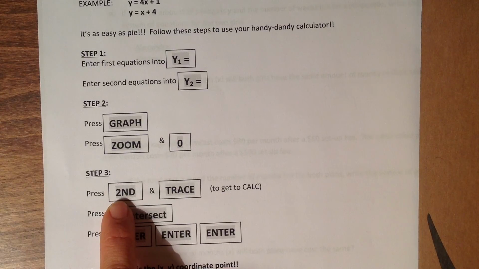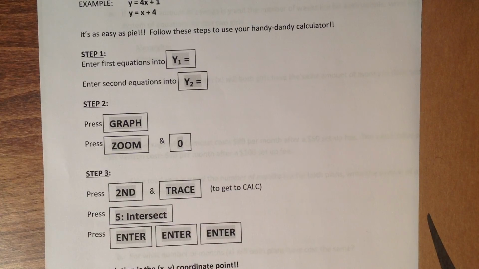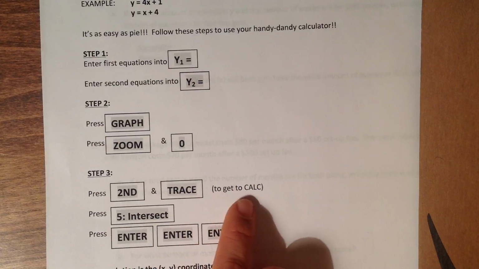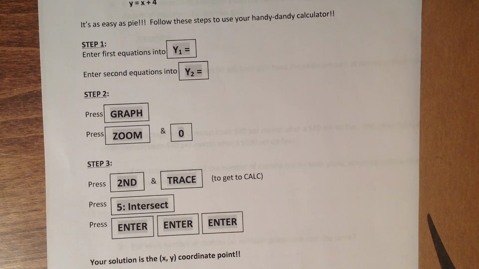Next, you can press the second button. That's your control button. It's either yellow or blue. And then press trace. This is the calculating function. Okay, so you're going to do second trace, and number 5 is intersect. And then the calculator is calibrated. It wants to make sure it knows what lines you're talking about.